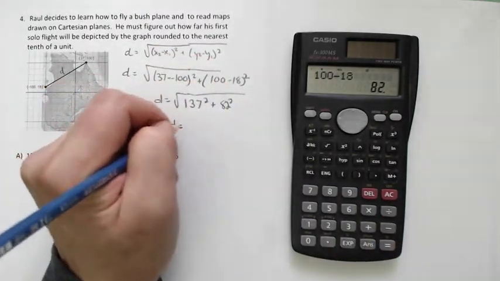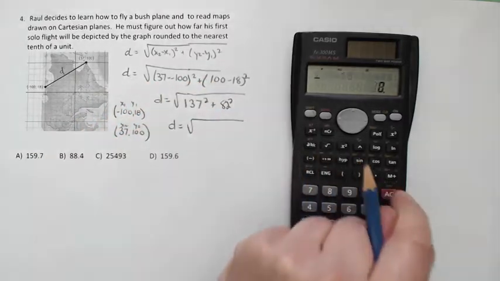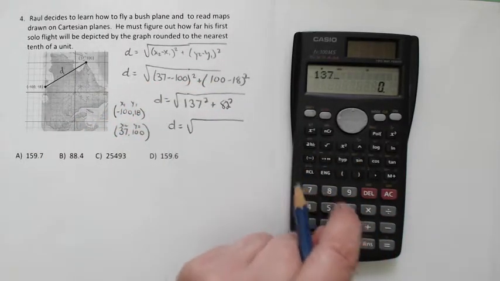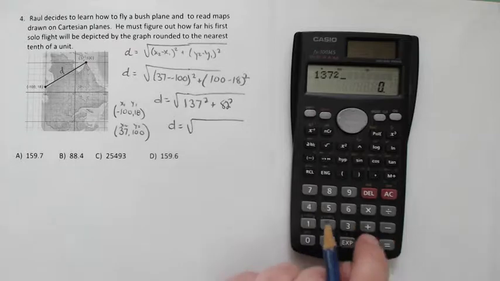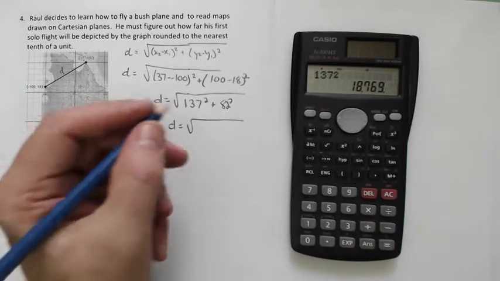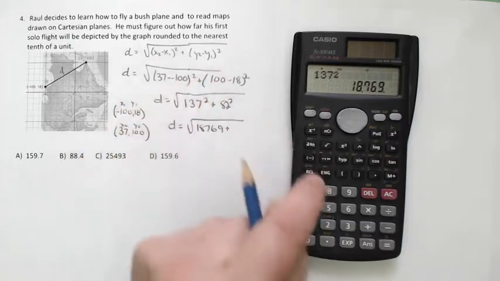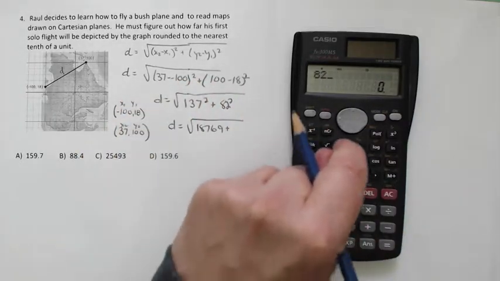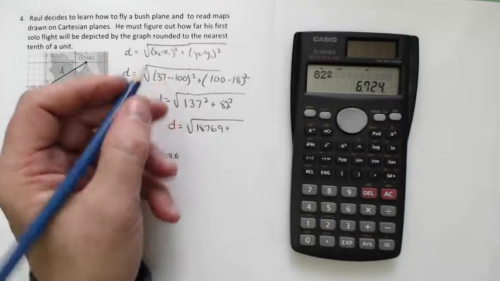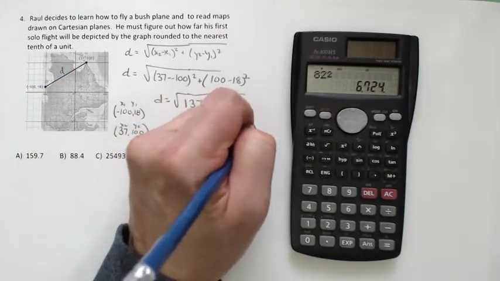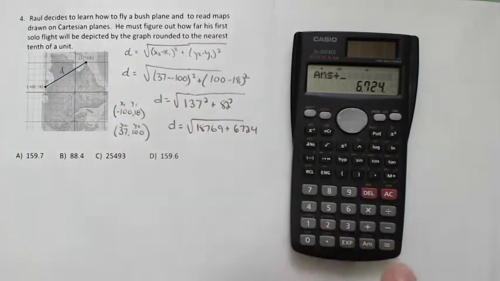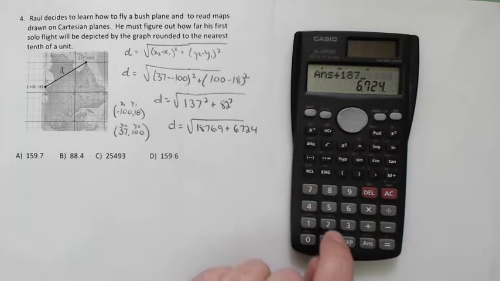So we're going to get a large number here. 137 squared is equal to 18,769, plus 82 squared, which is equal to 6,724, which I have to then add back to my 18,769, giving me 25,493.